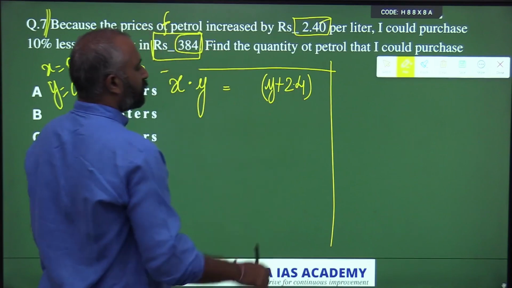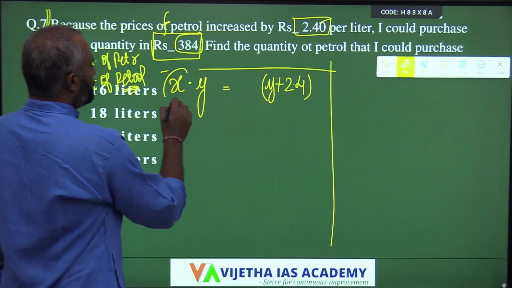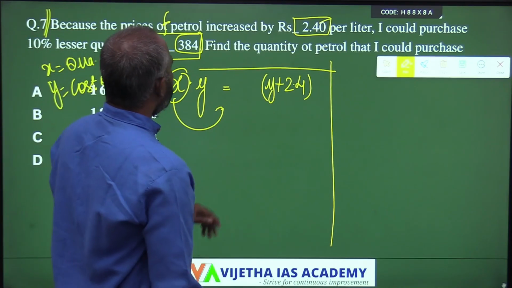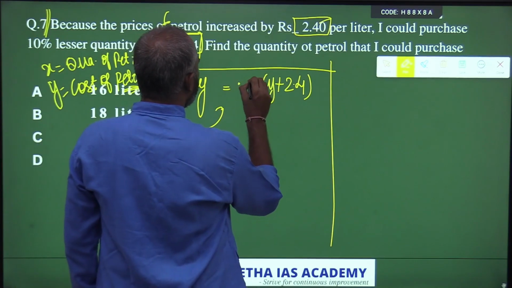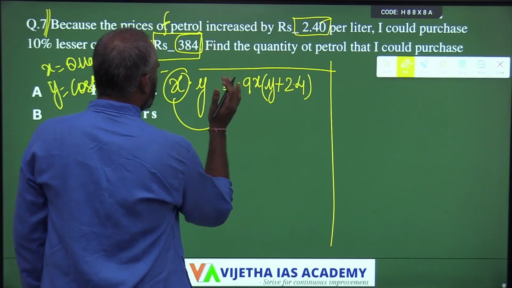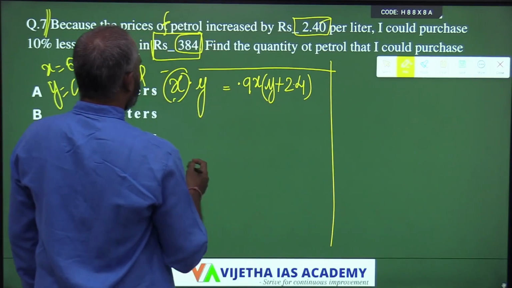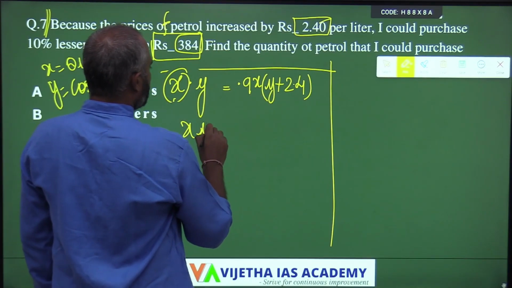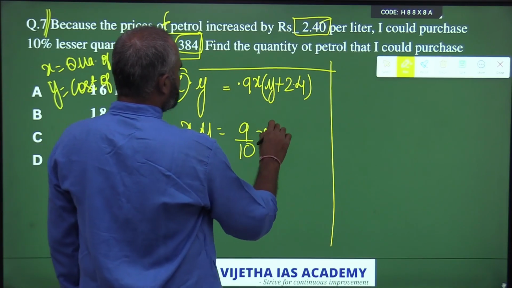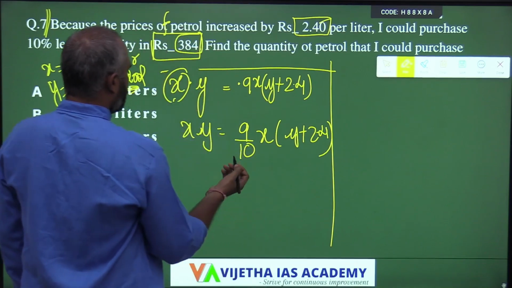Now his consumption has decreased by 10%, so this becomes 0.9x. So if you solve for this, xy equals 0.9, written as 9 by 10, into y plus 2.4.